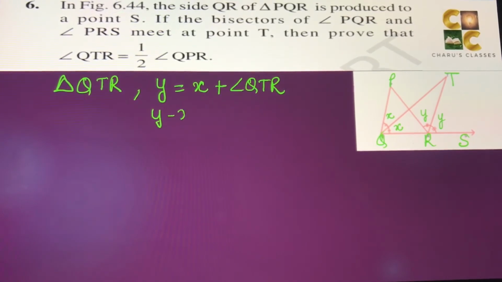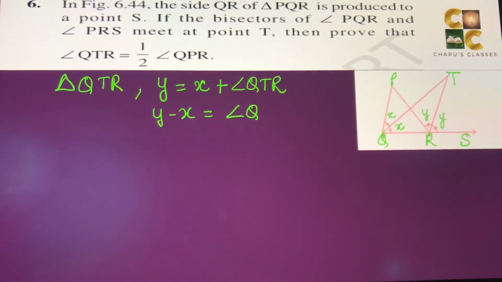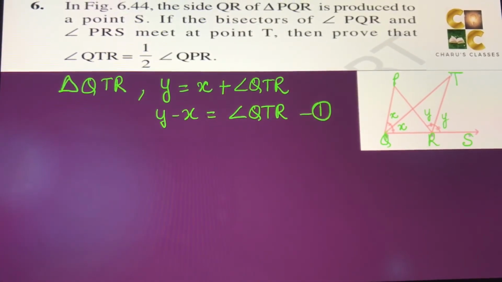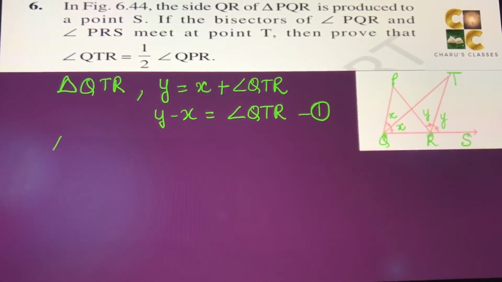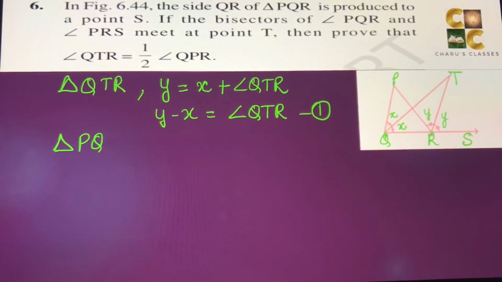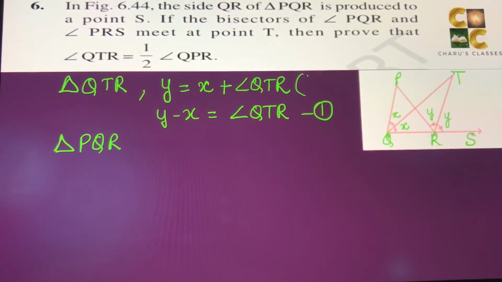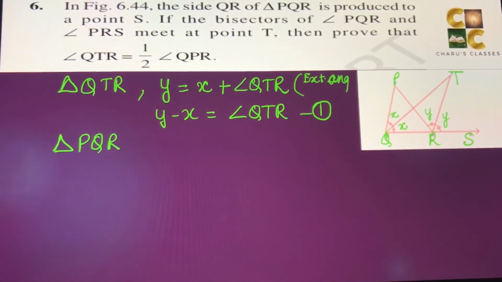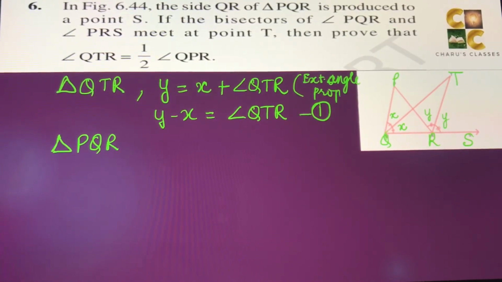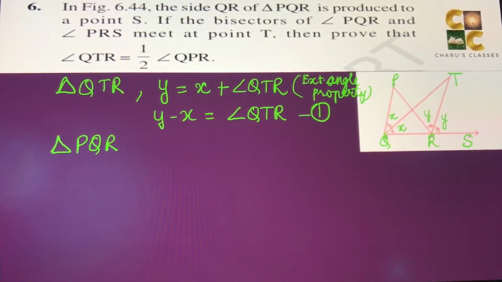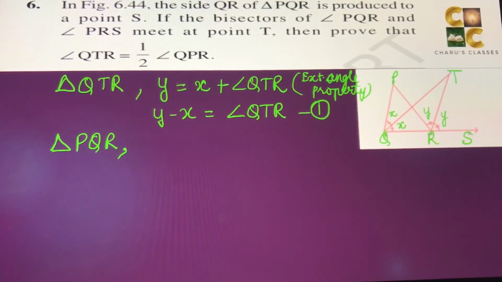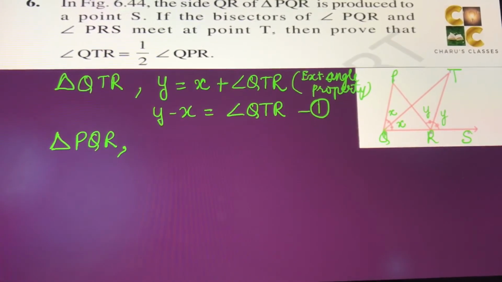Or I can write Y minus X is equal to angle QTR. This is my equation 1. Now I am taking the other triangle, that is triangle PQR. This is because of the exterior angle property. The exterior angle property is that this exterior angle is equal to the sum of two opposite interior angles.